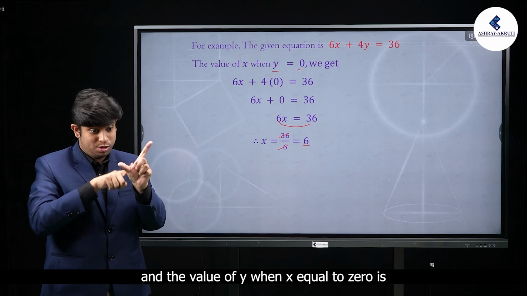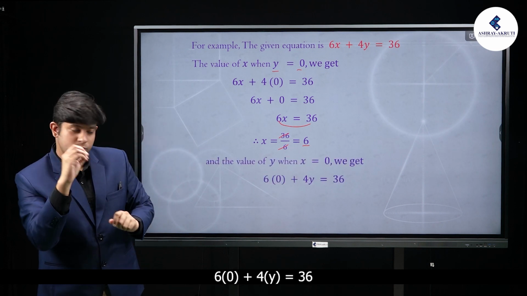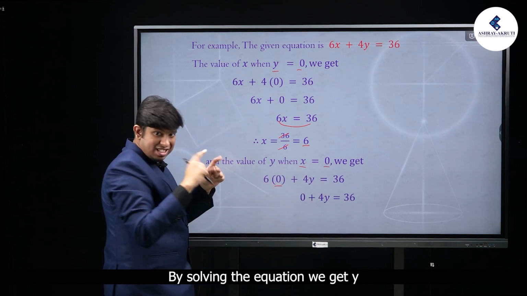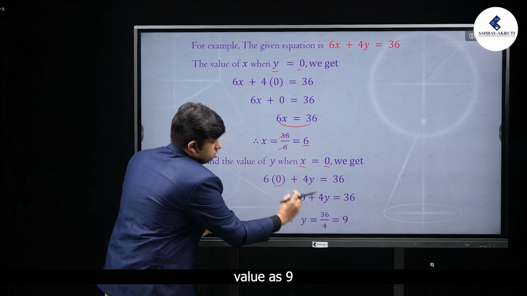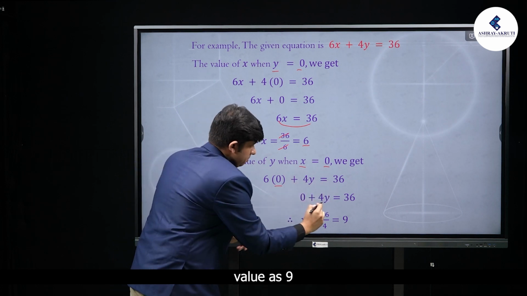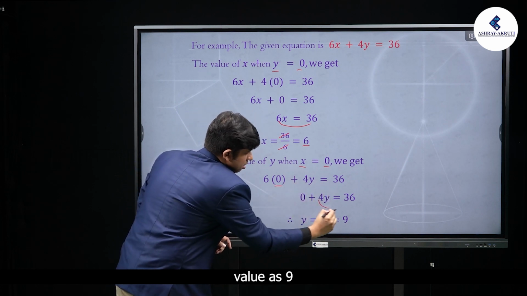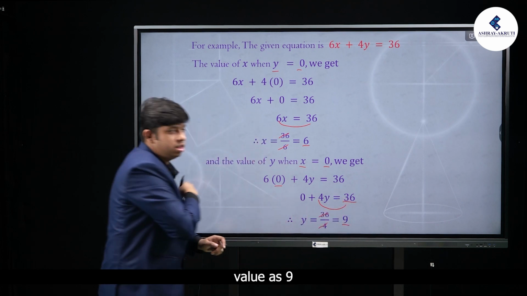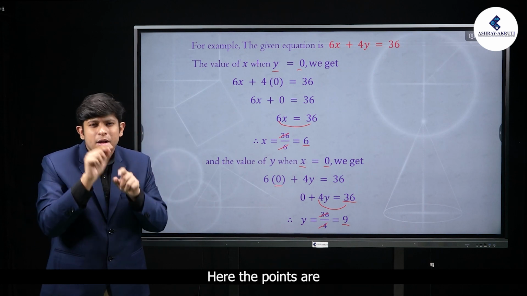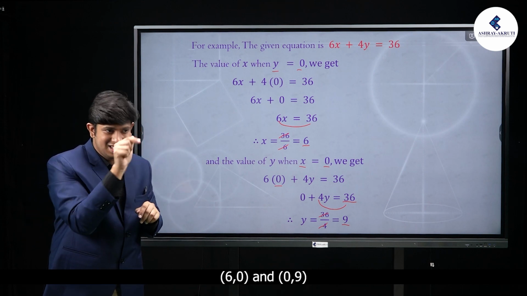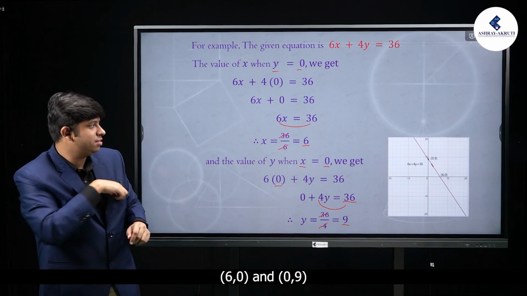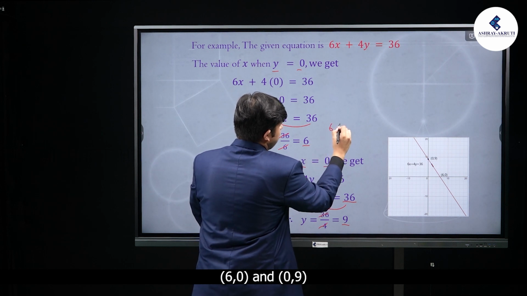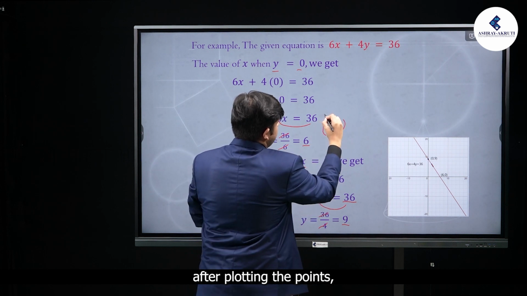And the value of y when x equal to 0 is 6 into 0 plus 4y is equal to 36. By solving the equation, we get y value as 9. Here the points are 6, 0 and 0, 9. This is the graph we get after plotting the points.